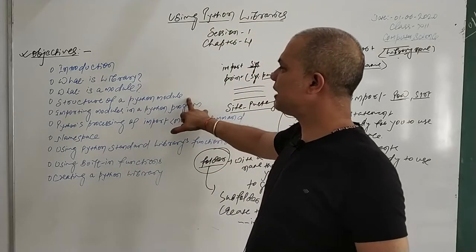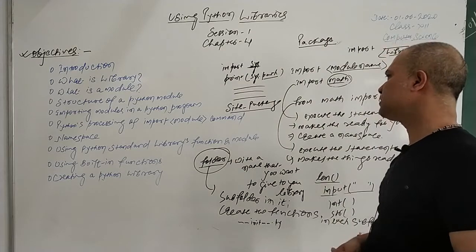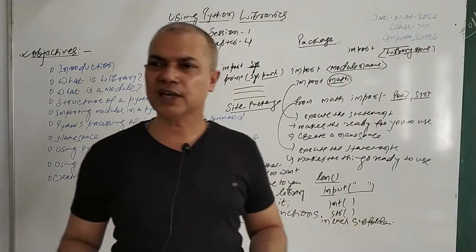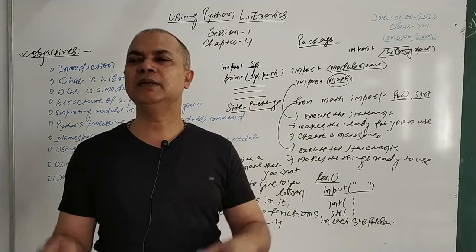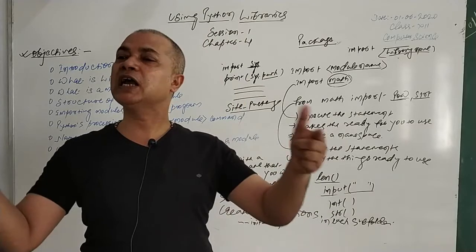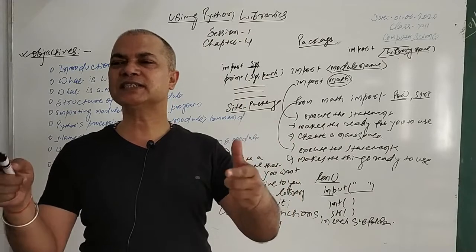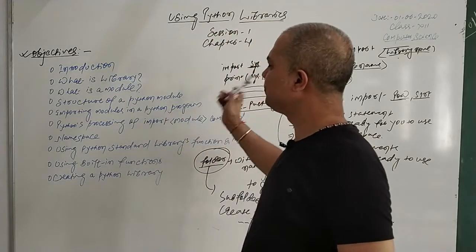Then the structure of a Python module that you have seen: every module has a docstring that is help about that module, then maybe comments, maybe variables, then maybe functions, then inside the function there may be variables, there may be classes, many classes, objects, and then some constants. This is the structure of any module.